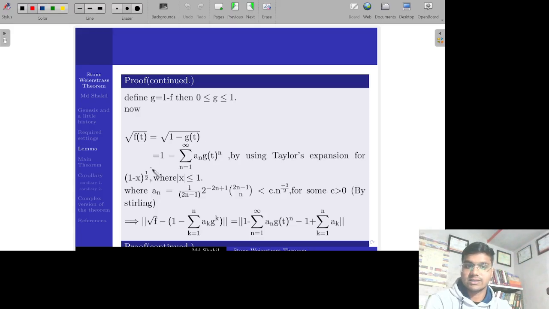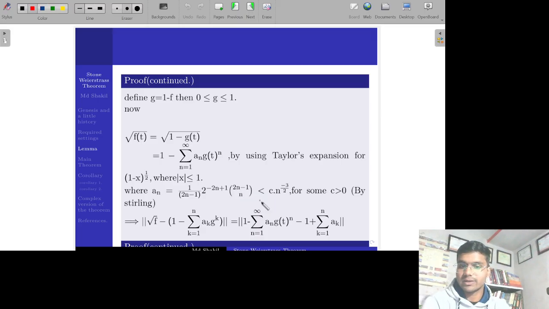In the Taylor series expansion of 1 minus x to the power half, where modulus of x is less than or equal to 1, we see that it is of the form 1 minus summation of a_n x to the power n, where a_n takes the values 1 by 2n minus 1 into 2 to the power minus 2n plus 1 into the binomial coefficient C(2n minus 1, n).